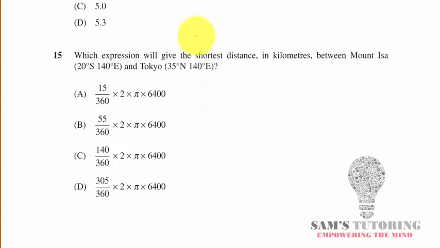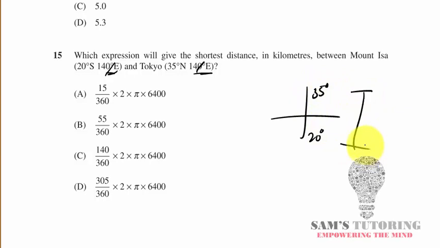Which expression will give the shortest distance in kilometers between Mount Isa and Tokyo? Okay, 20 degrees south, 140 east, 35 degrees north, 140 east. Because these two are the same, we don't use them. We're going to use 20 degrees south, draw this up. We've got 20 south, and we've got 35 north. What's the whole angle there?